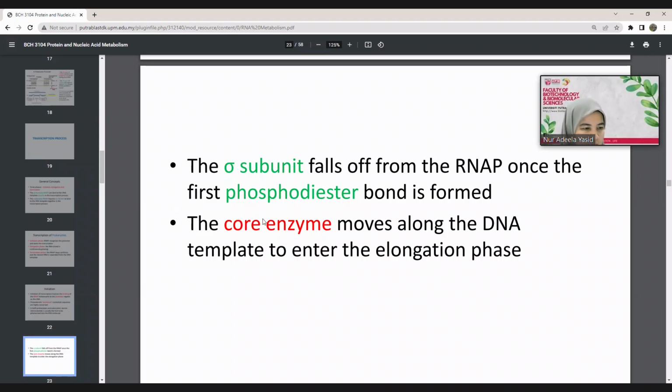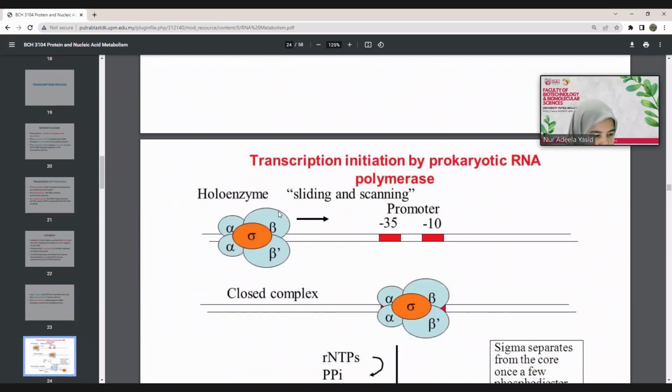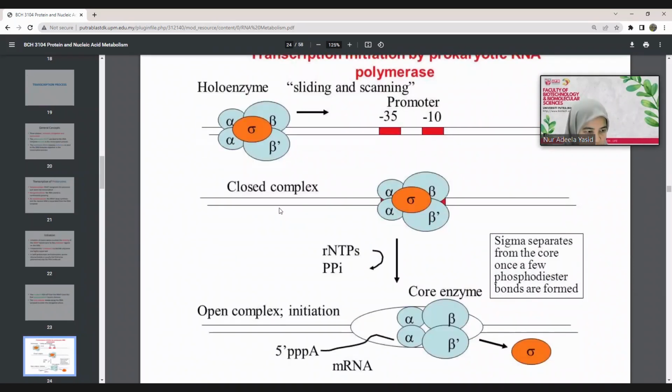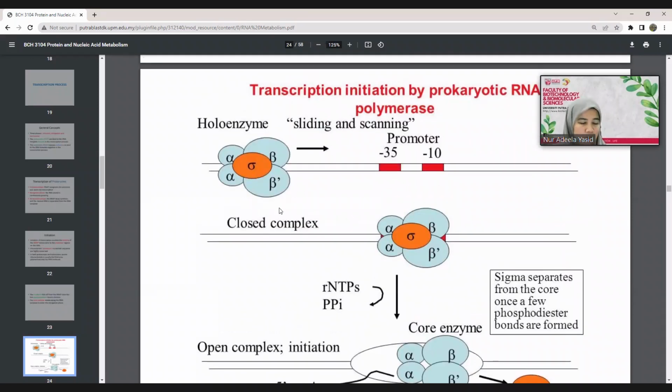Let's look at what happened here. If you look at this figure, you know that RNA polymerase is a holoenzyme.